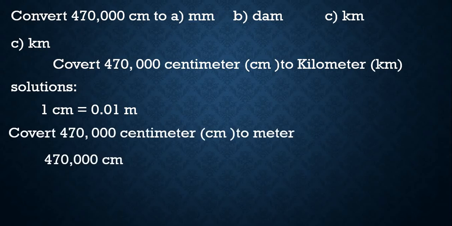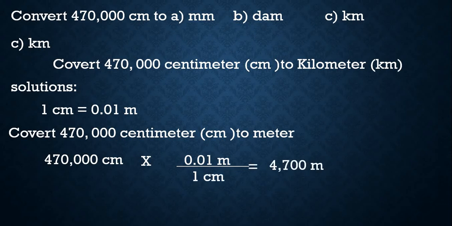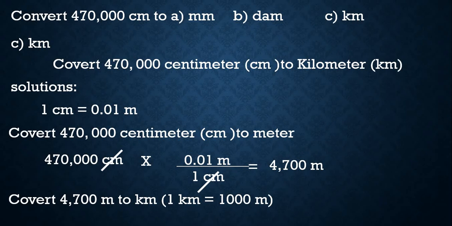So use 4,700 centimeter times the conversion of centimeter to meter, which is 0.01 meter over 1 centimeter, which is 4,700 meters.